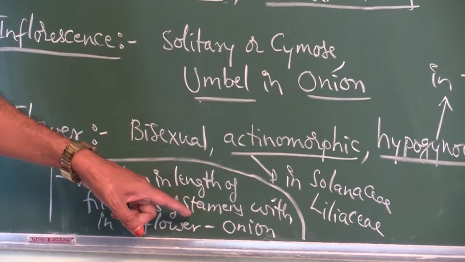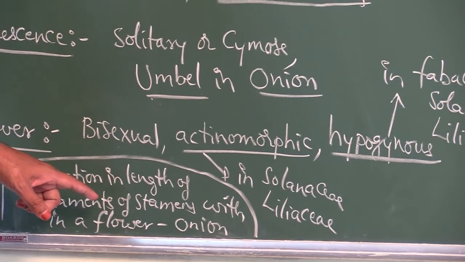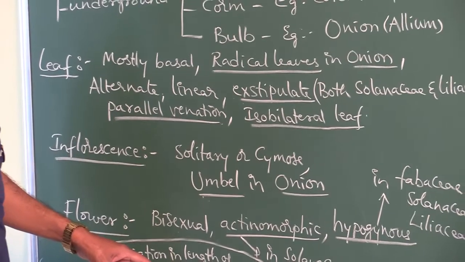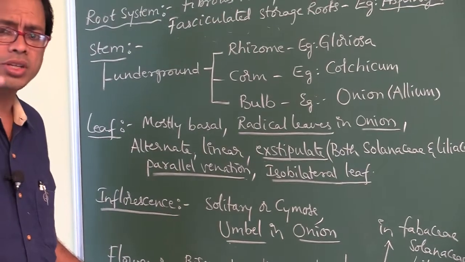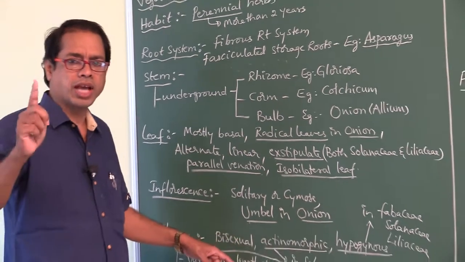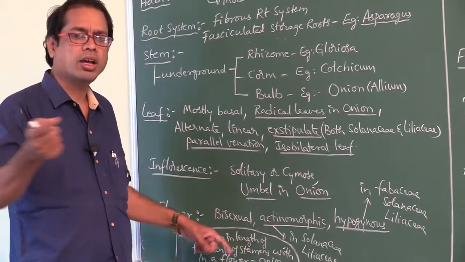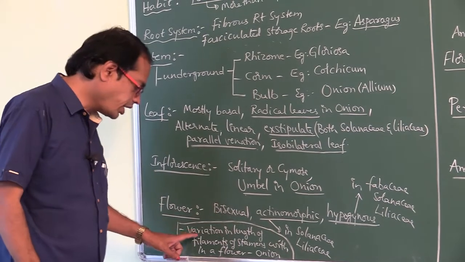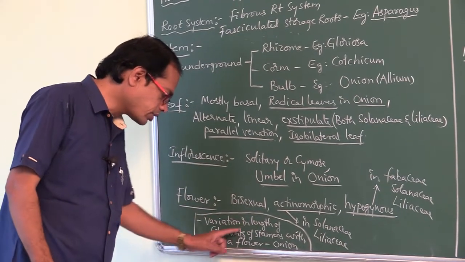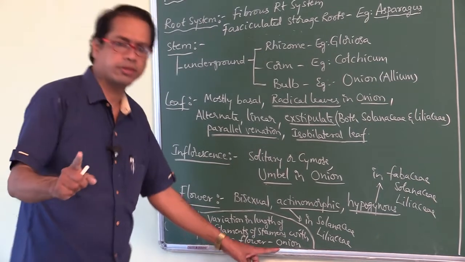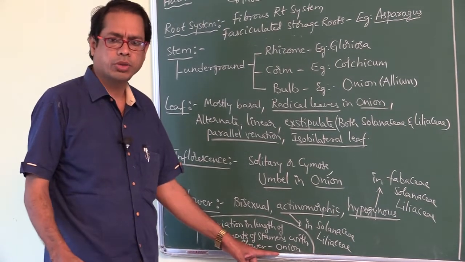Here we are discussing the Liliaceae family, no? So all the filaments of stamens are different in their lengths. Here we have to discuss onion. You understood, my dear students?